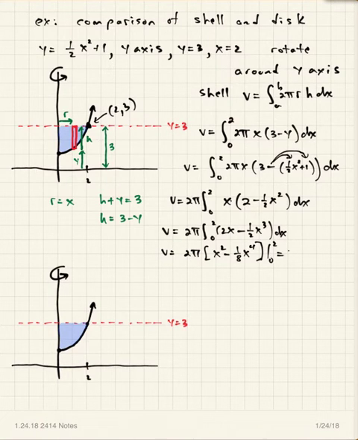And that arithmetic is not bad, because that's 2 pi times 2 squared, which is 4, and 2 to the 4th is 16 times 1/8, which is 2. And so you end up with 4 pi as the answer. 4 pi is our answer. So that's the volume of that solid, and that was using the shell method to do that problem.